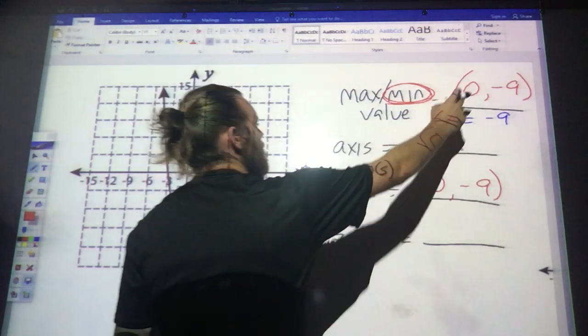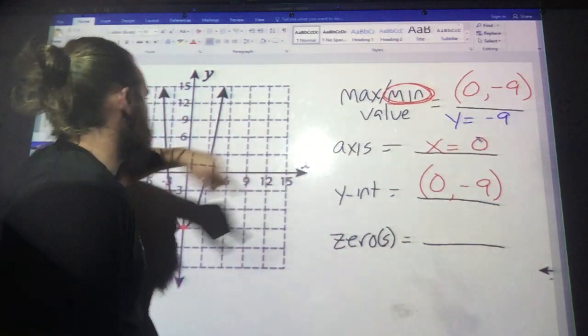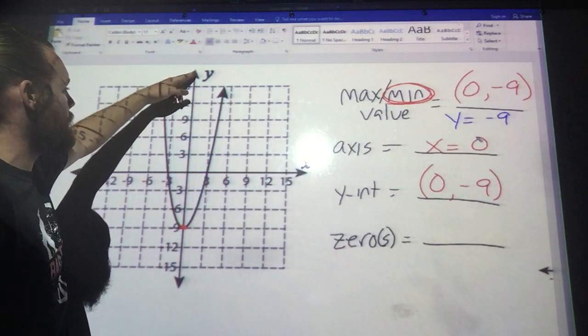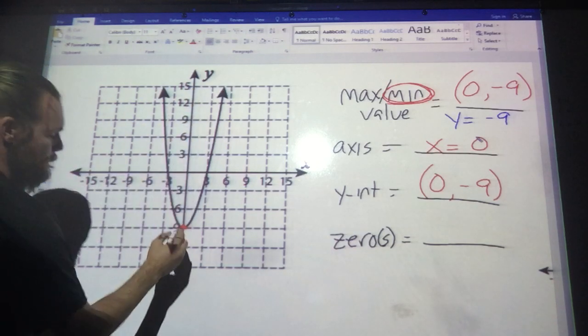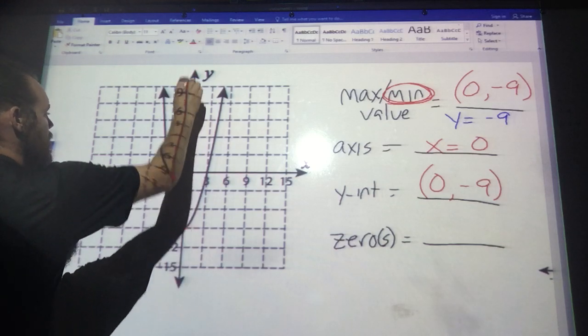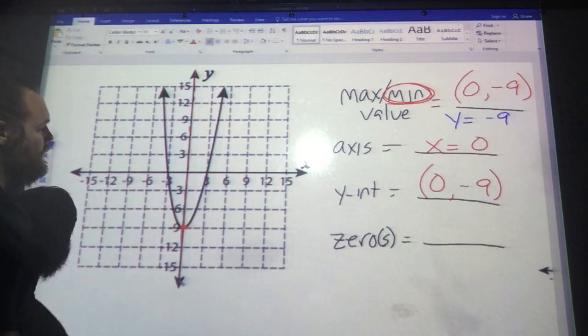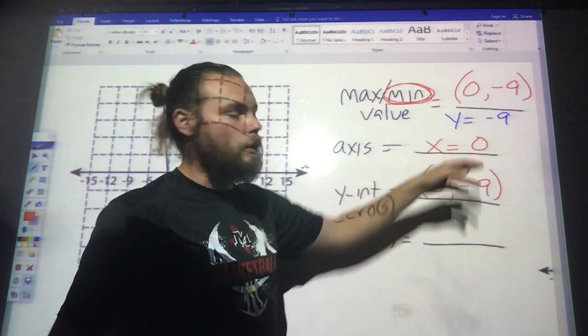In this case, it would be 0. Again, the axis of symmetry is that imaginary line that cuts the parabola in half, right? And if we take our minimum point and draw an imaginary line, we can see it's exactly on the y-axis, which means it's going to be 0.